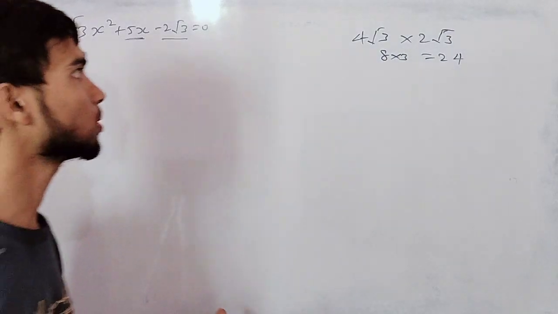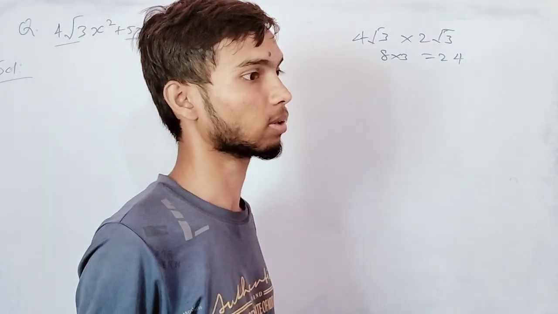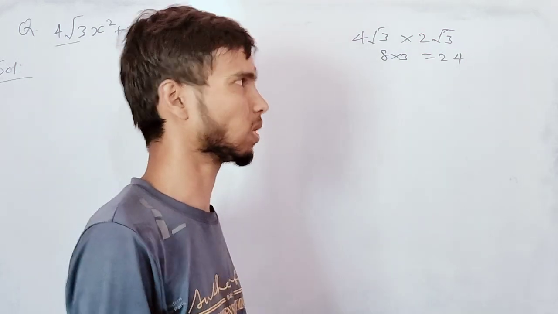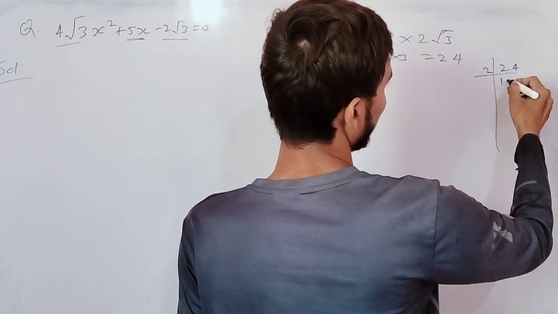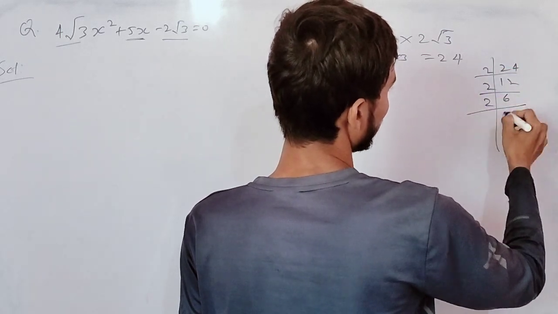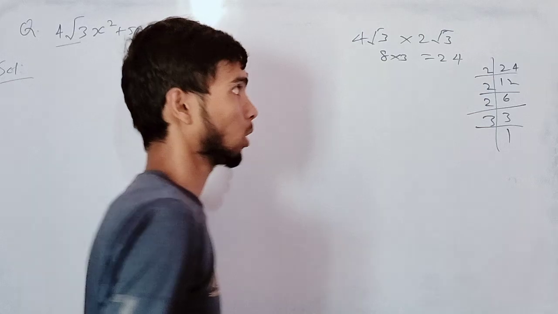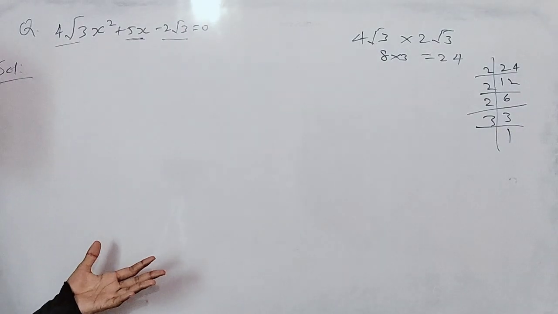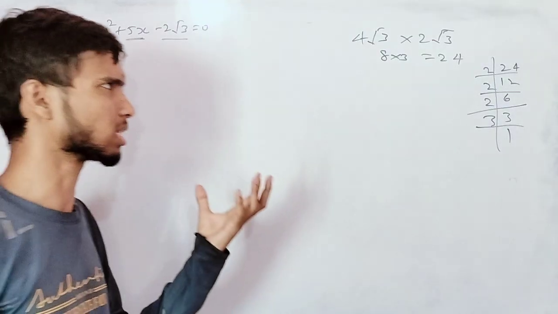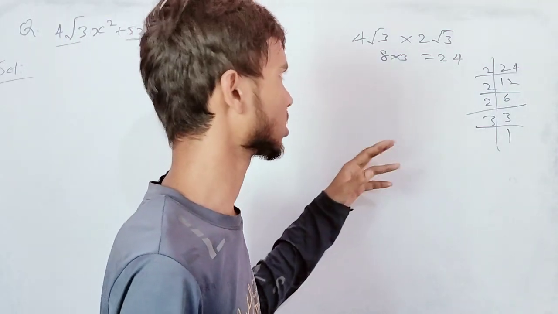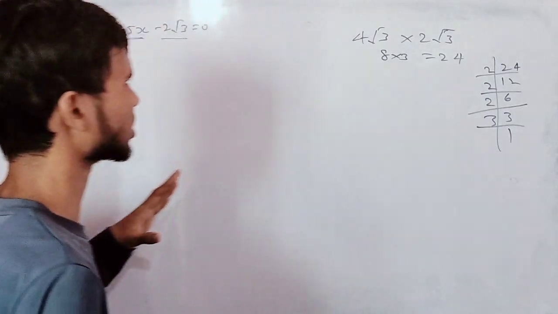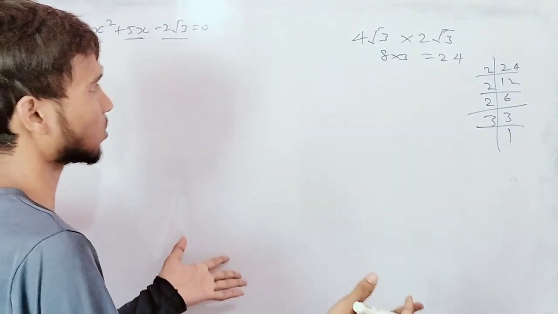So what are those numbers that will provide us 24? So I think 12, 2 times 6, 2 times 3, 3 times 3 is 9, 4 times 2 is 8, 8 times 3 is 24.